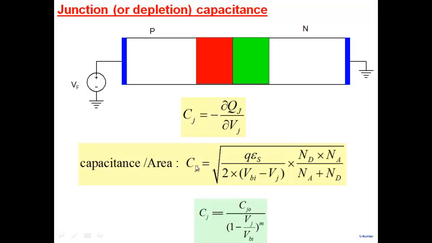We spent some time deriving the expression. A more general expression is Cj equal to Cj0 times 1 minus Vj by Vbi raised to the power m, where m depends on the doping profile. We will always have a depletion capacitance whenever we have a PN junction.